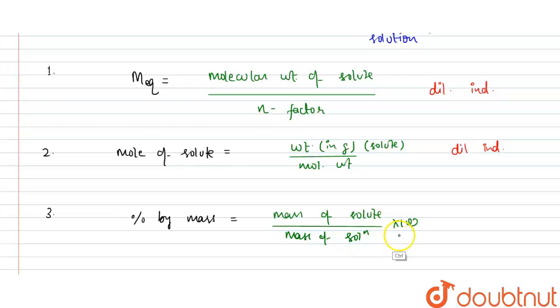Here there is a solution. We know that if any quantity has solution or solvent, it is dilution dependent. So this quantity is dilution dependent.